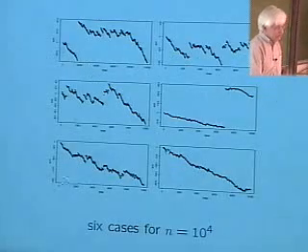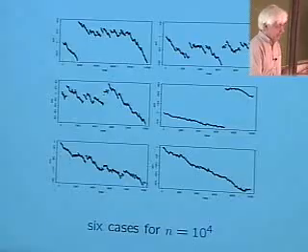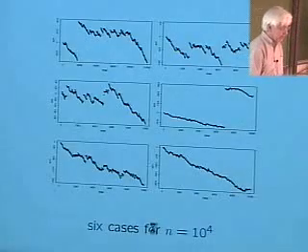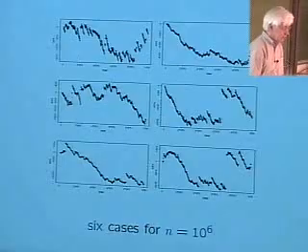This one makes you think, oh, surely it's just going down. This one, wow, boom, one big jump. This one, hardly any jumps. I guess we'll do 10 to the 6th. So 10 to the 4th and 10 to the 6th are interesting. I don't know if it's entirely convincing.